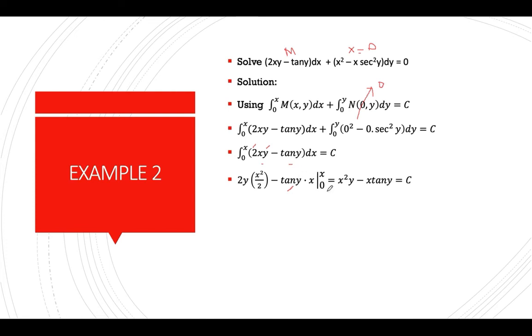Then substitute the limits from 0 to x. In this case, we have x here, then 0, so minus 0. You still get the same expression, so therefore this is your general solution, same as the answer in example number 1.